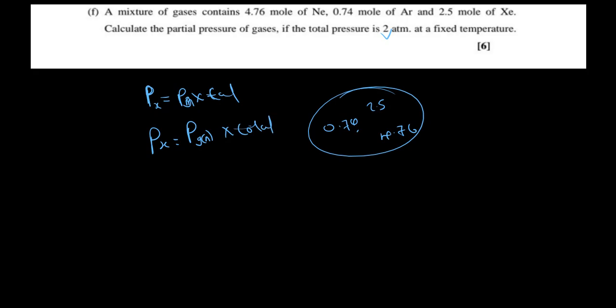We are given the moles, so get the mole fraction first. I'll start with neon. The mole fraction of neon is the value of neon, 4.76, over the total. Now you add all these: 0.74 plus 2.5 plus 4.76.